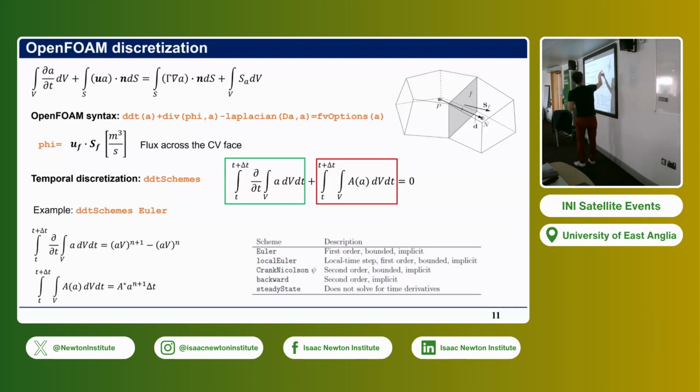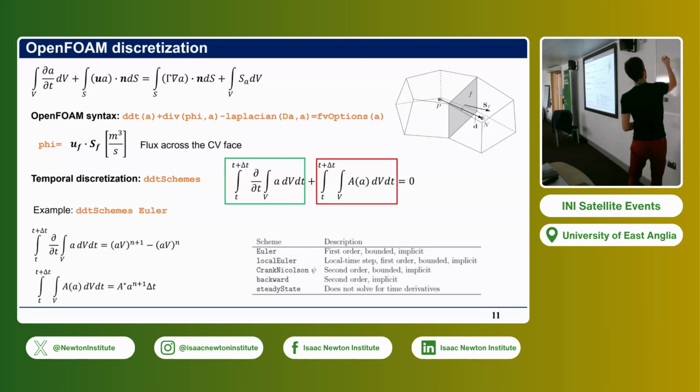So fvOptions of A, you will have another place somewhere else in the code where you define your source term, which typically in the finite volume method or in any linear solver will be of the kind source equal to an explicit part plus an implicit part, so that you can solve it with a linear solver.